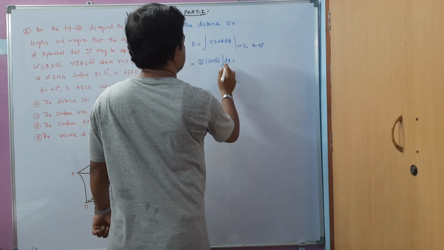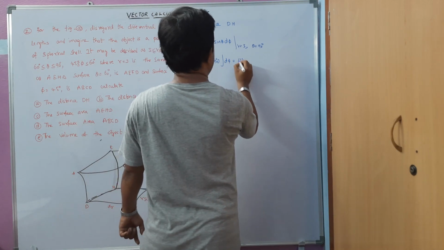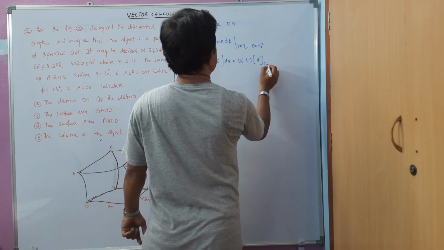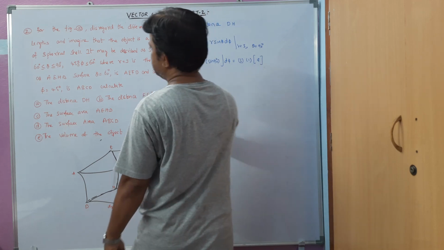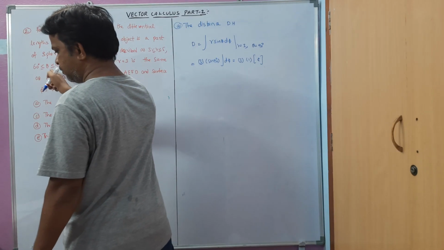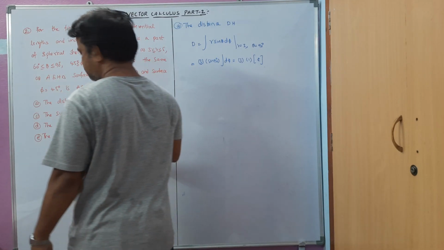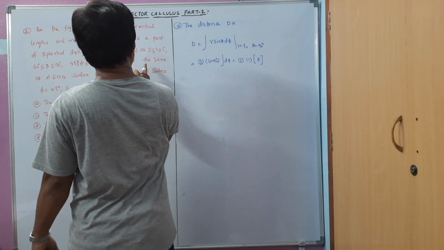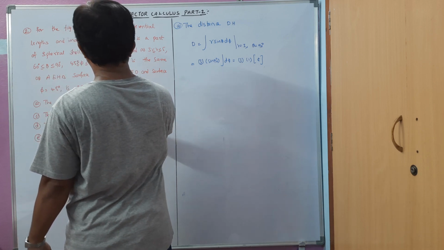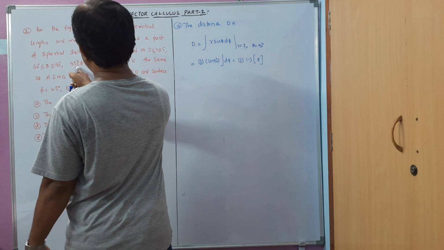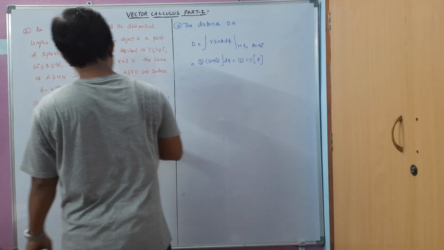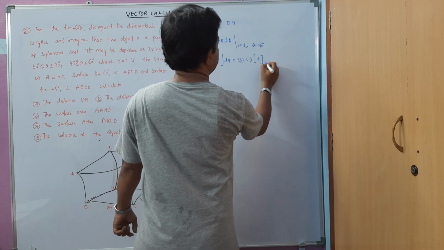So we get r is 3, sin 90 is 1, and d phi. So we have 3 into 1 and phi is varying from 45 to 60 degrees, that is pi by 4 to pi by 3.